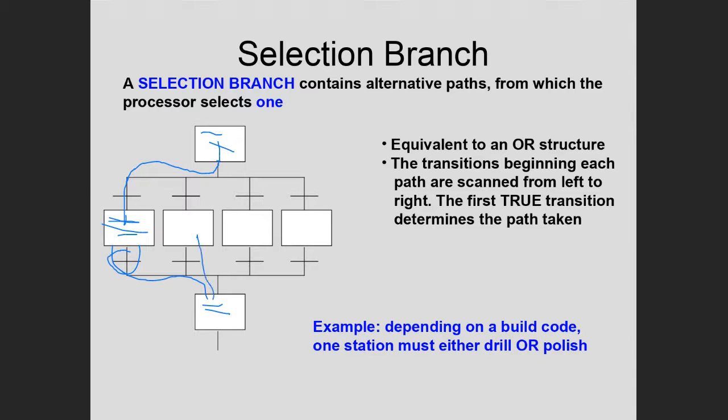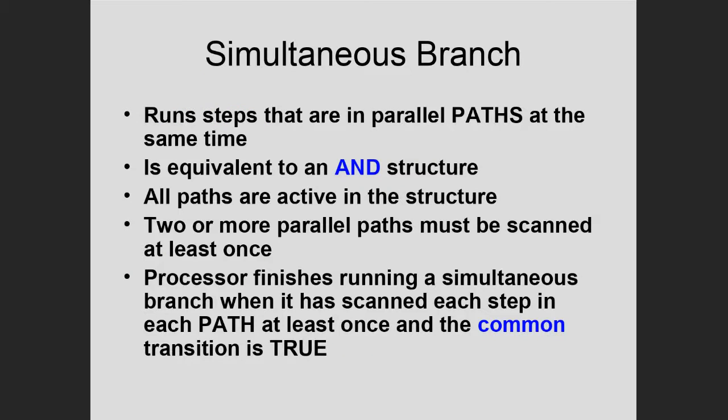You never back up to go to these other steps. Once you transition through, it's just one way in and one way out. Well, the simultaneous branch uses AND logic, which means with AND, all the conditions have to be true.